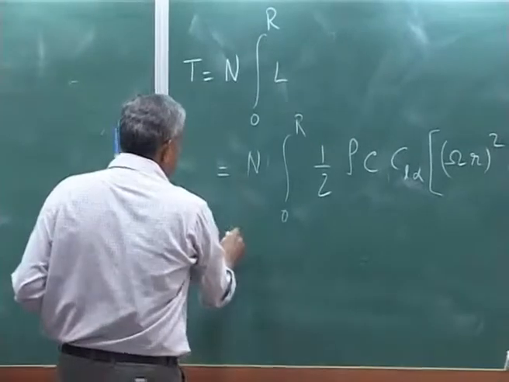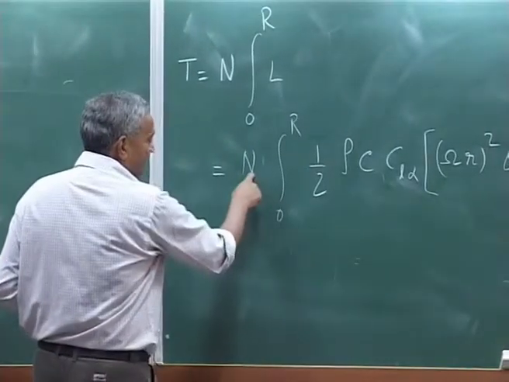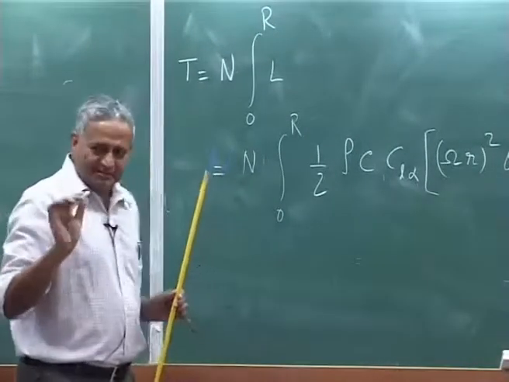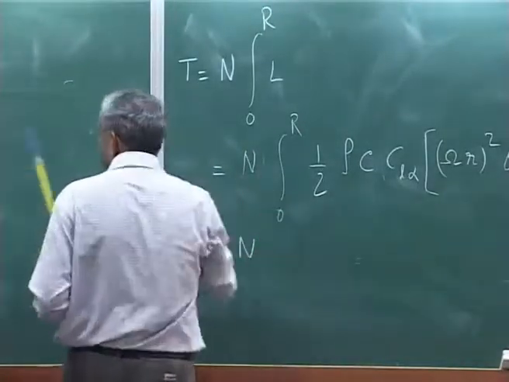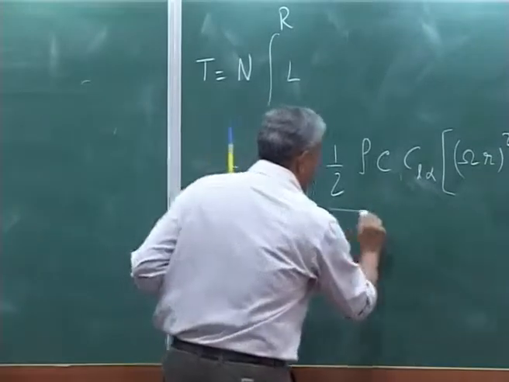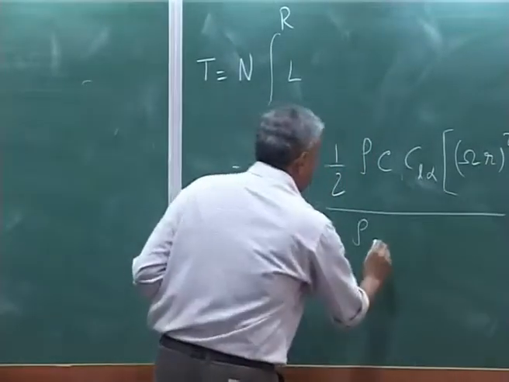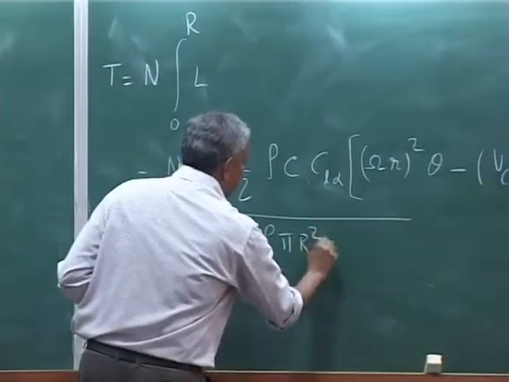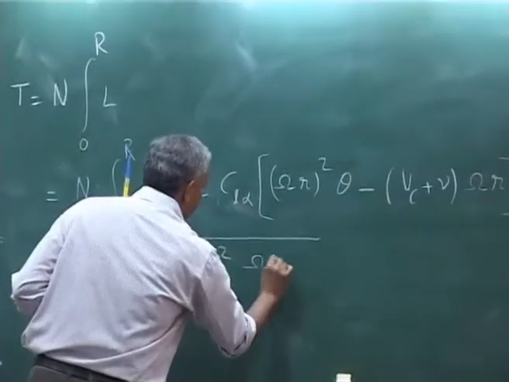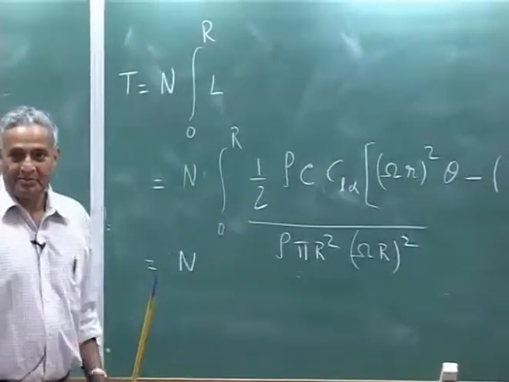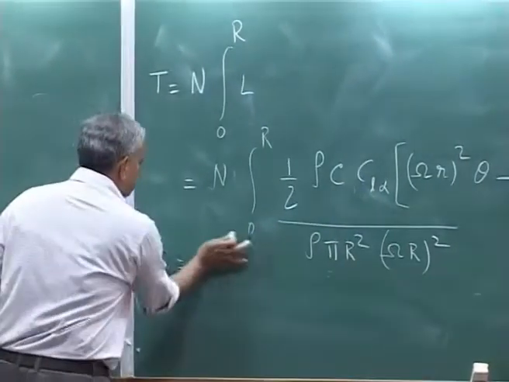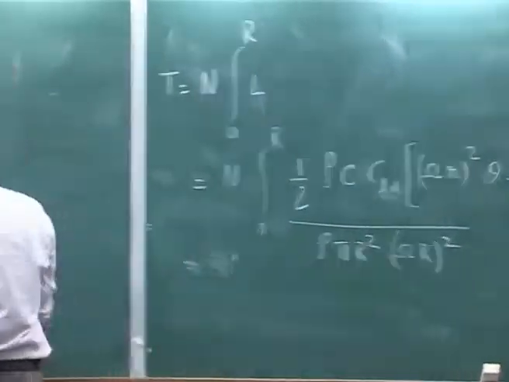Now, when I do this, I get a quantity, I will just briefly describe. I will have the integral from 0 to R, and I am going to divide by rho pi R square omega capital R whole square, okay. This is what I am dividing. When I divide, let me write the expression here.